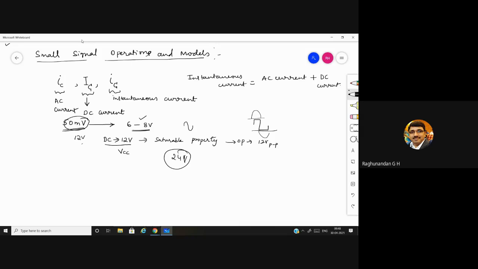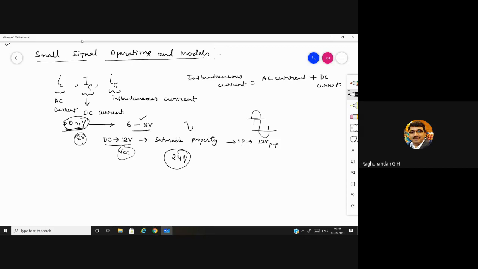Okay. So why I told all these things is, see, input is a small signal which we are giving and which we want to amplify. If you are having 12 volts, then you cannot amplify that 12 volts by having a VCC of 12 volts. You need to increase this VCC. Then if you are increasing the VCC, again the design of the entire circuit changes.